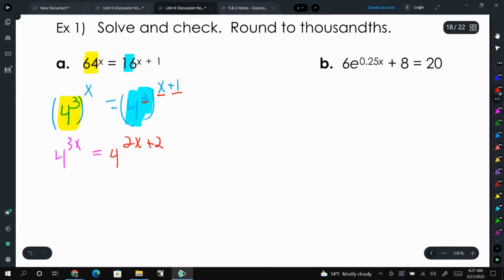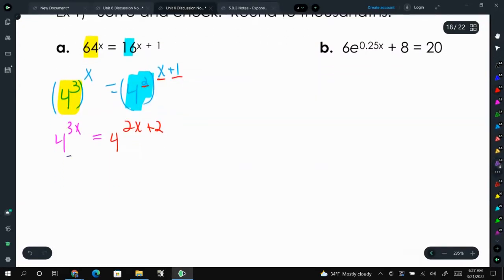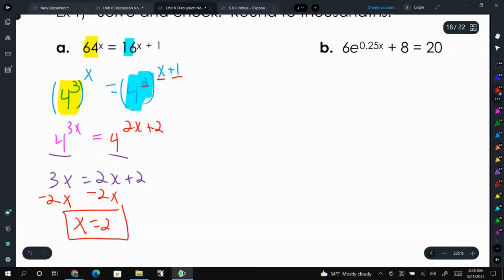And now, since the bases are equal, that means the exponents must be equal as well. And when we subtract 2x from both sides, we get x equals 2. And we could check that and plug it back in if we would like. So if we can change our bases around, that would make life a lot easier.